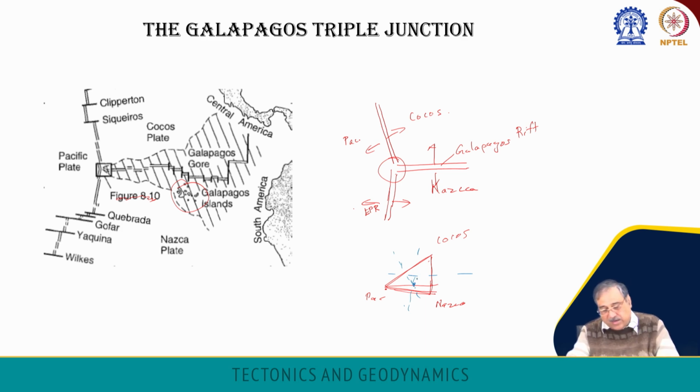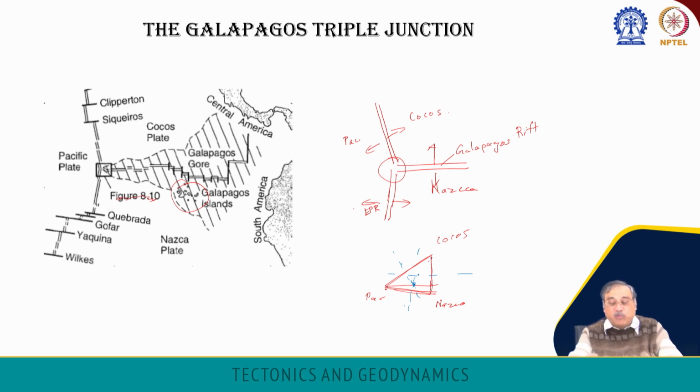Now the circumcenter means, of course, that you can draw a circle right around all three. What is important here is that the distance of the triple junction from each of the three plates is equidistant. That means that with respect to the magnitude of the relative velocity, the triple junction will be moving with the same magnitude of velocity with respect to each of the three plates.